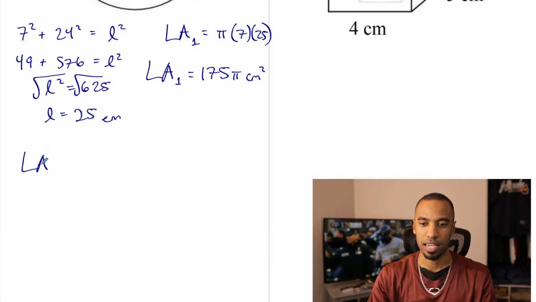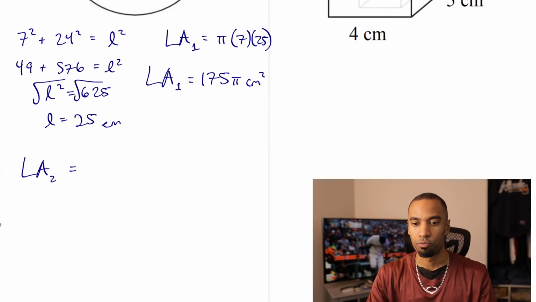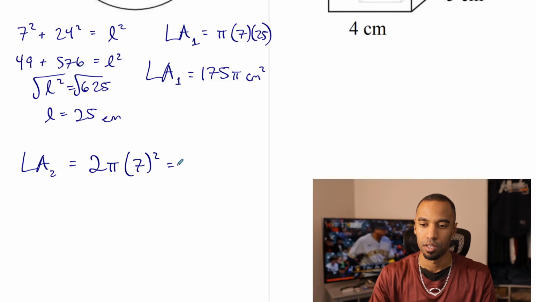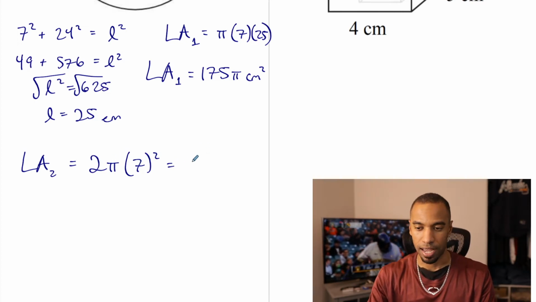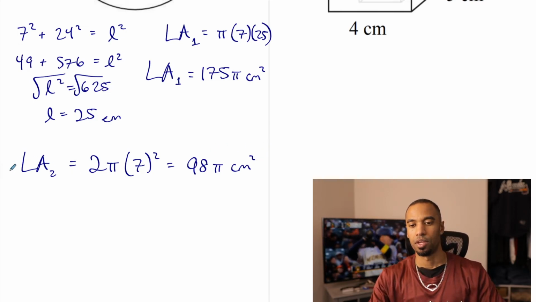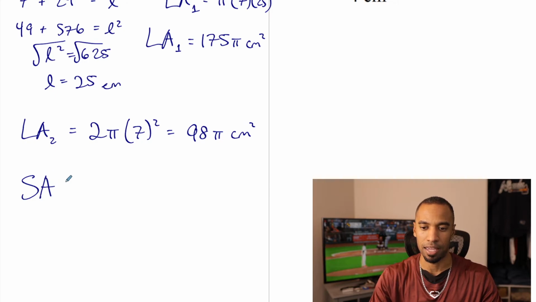The lateral area of the second guy here is going to be, radius is still 7. So not 4 pi r squared, 2 pi r squared. So 2 times 49 is 98. So we're going to get 98 pi square centimeters for that one. So the surface area of the total will just be adding up 175 pi plus 98 pi.